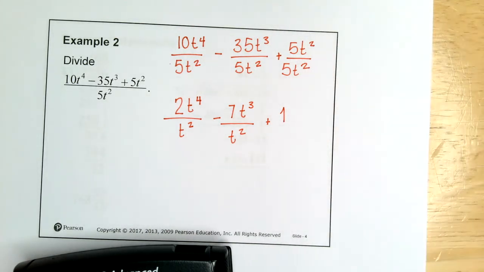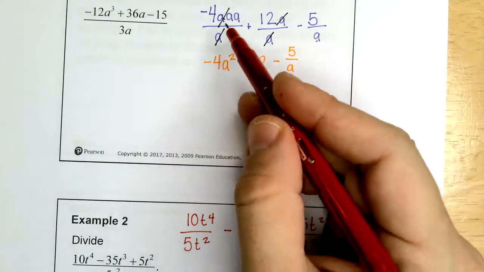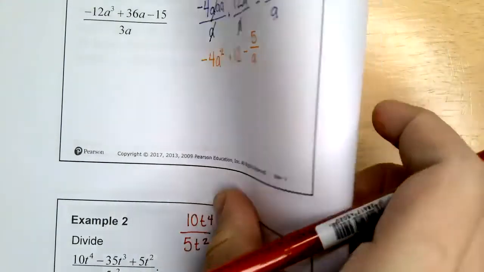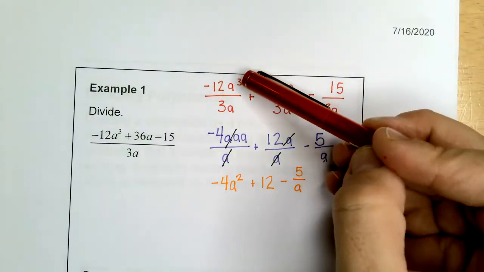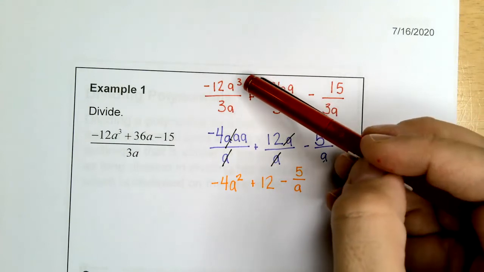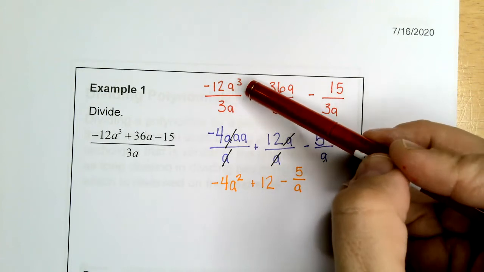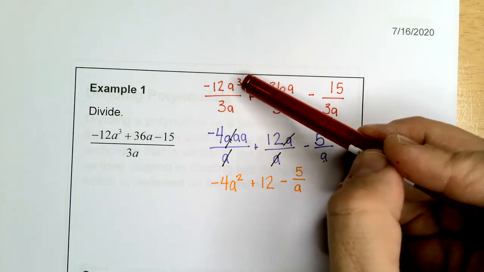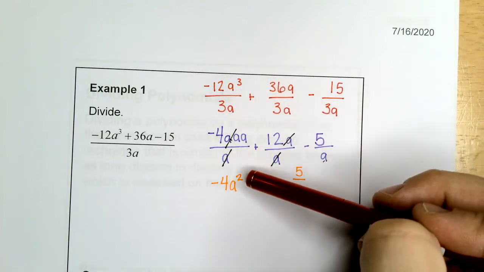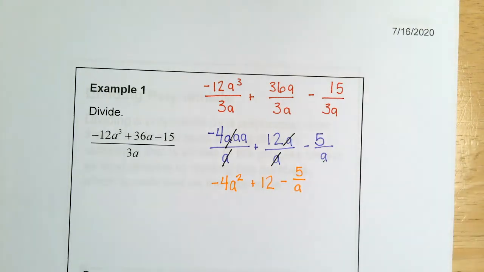That's 1. Okay. So now let's look at our variables. Up here, I spaced them out and canceled them one by one. You can also subtract, right? The laws of exponents say you can subtract the exponents when you're dividing and the base is the same. So a to the third divided by a to the first is just 3 minus 1, which is 2. 1 minus 1 is 0, they cancel out.